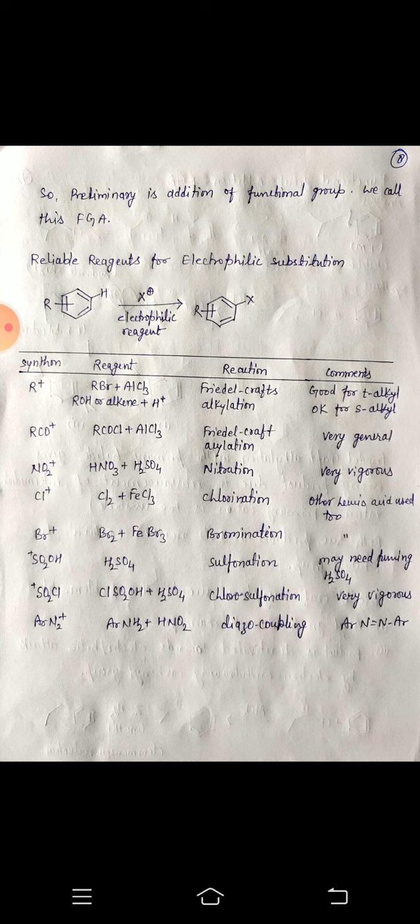For the NO2 group, which is the nitronium ion, nitration; Cl plus, chlorination; Br plus, bromination. And if we get the synthon SO3H plus, then sulfonation; SO2Cl plus, chlorosulfonation; ArN2 plus, diazo coupling.